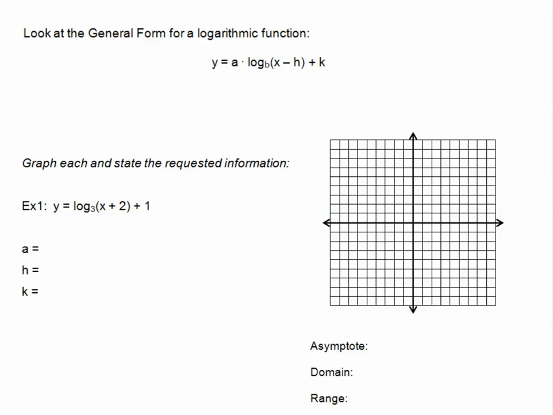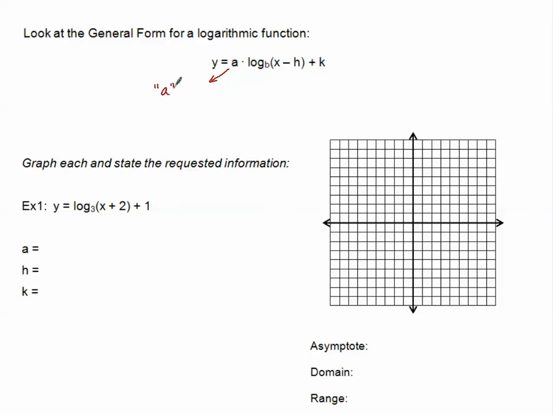Oh, we've got our general form to talk about as well. General form has the a, the h, and the k, and you would see that they're in the same exact locations. A is always going to be that coefficient multiplied. In this case, it's multiplied to the logarithmic symbol. H is always hiding in here with the x. This time it's going to be hiding in parentheses. And k is always the number that's out here. They do the same exact thing.